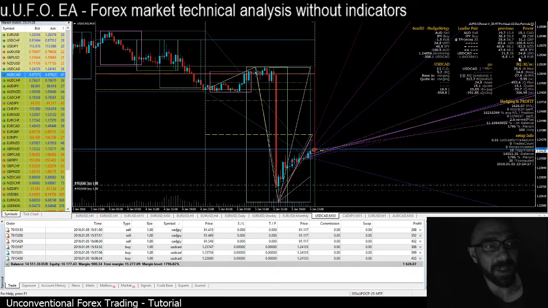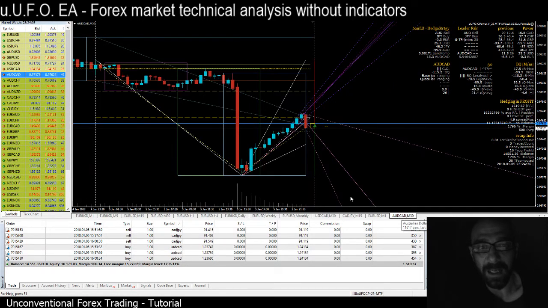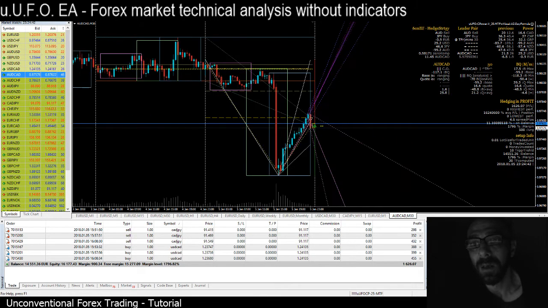In fact, for example, in the Aussie that now is very weak, we can see in the cross Aussie CAD, the moment the price arrived to the calculation for this pair, even Aussie CAD went down.